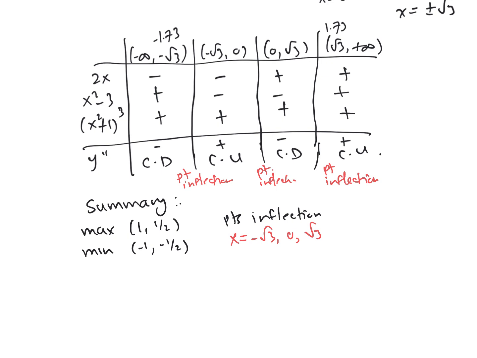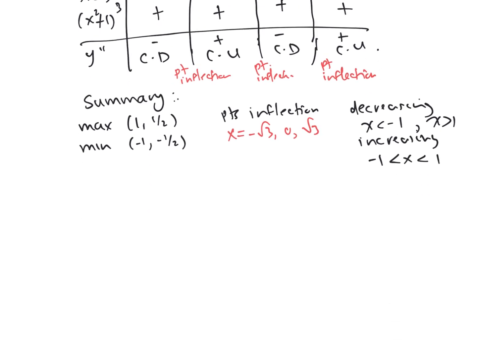What else do we know? If we look at our increasing, decreasing table, we know it's, let's see, decreasing when x is less than -1 and greater than 1, and it's increasing in between.